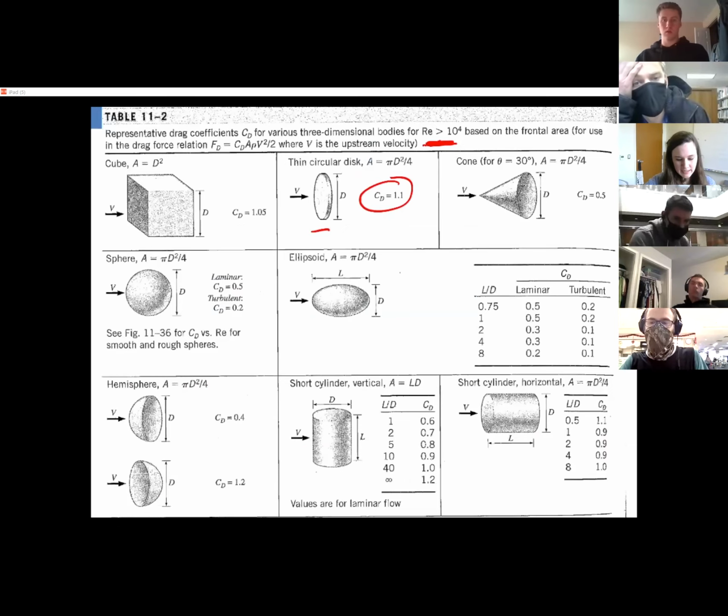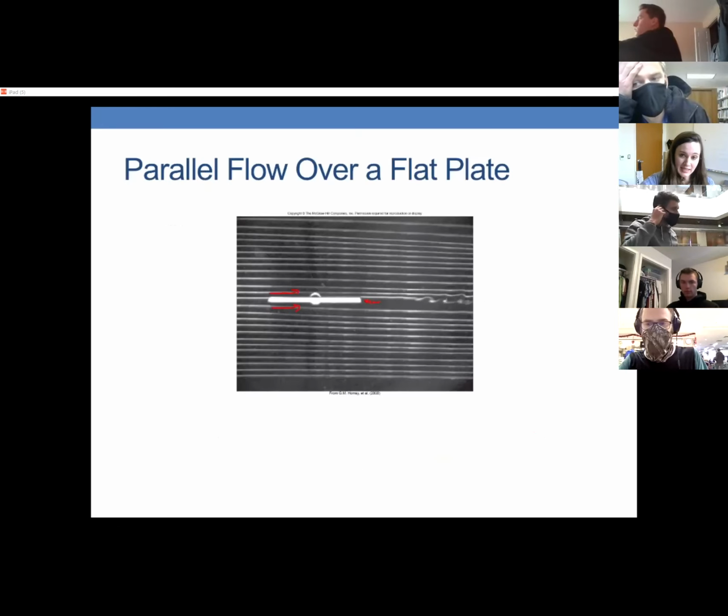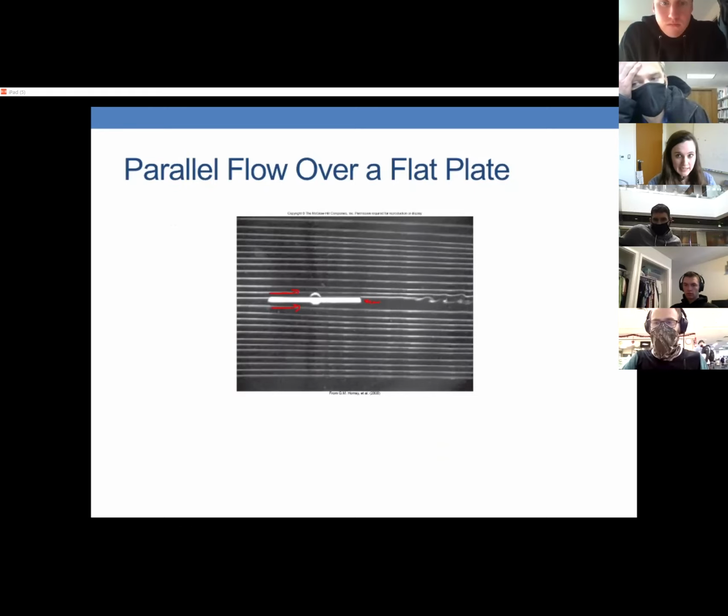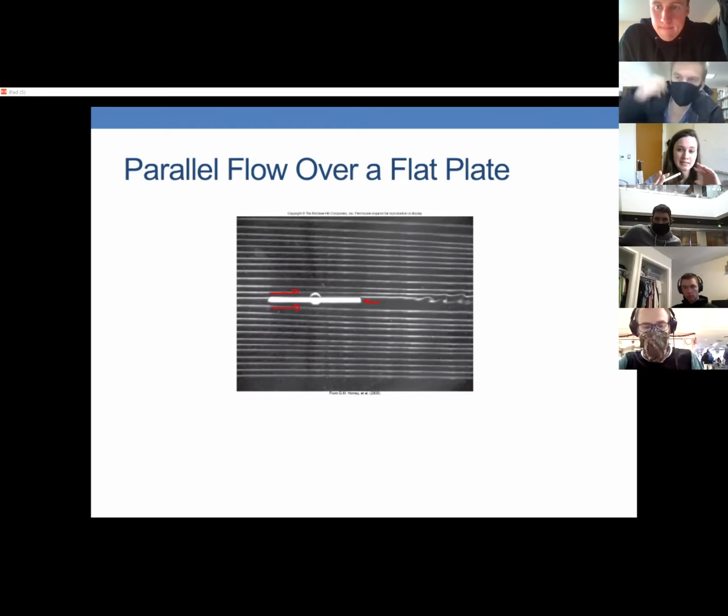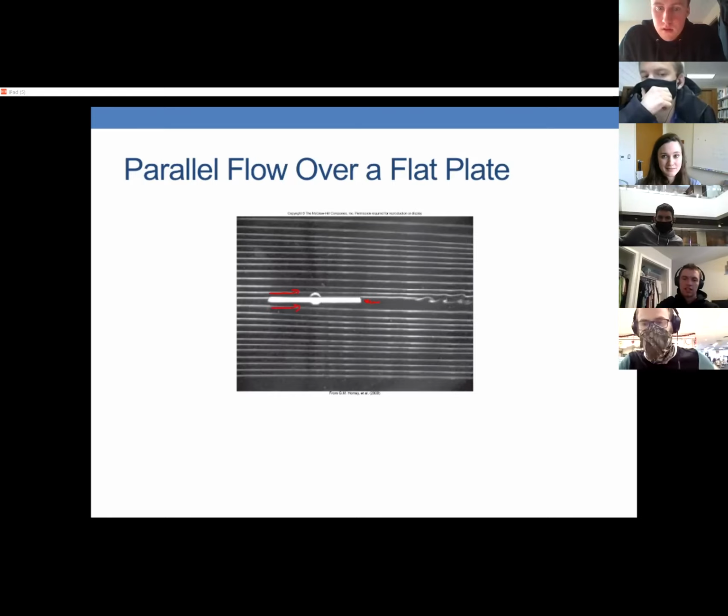Depending on the angle, there's going to be some pressure drag and some friction drag. And the more you angle it, pressure drag is going to get bigger and bigger. So we do not teach you anything about all of those ambiguous areas. We're talking about this parallel plate specifically because it's an example where it's kind of simple and it's just the friction drag. So you can learn about that.